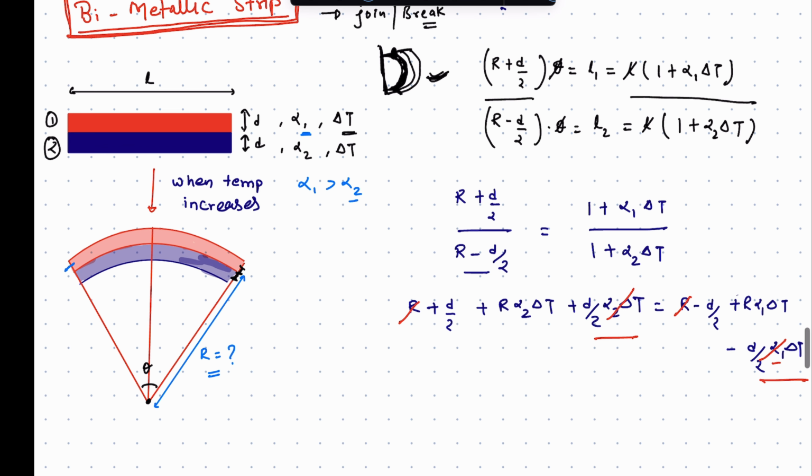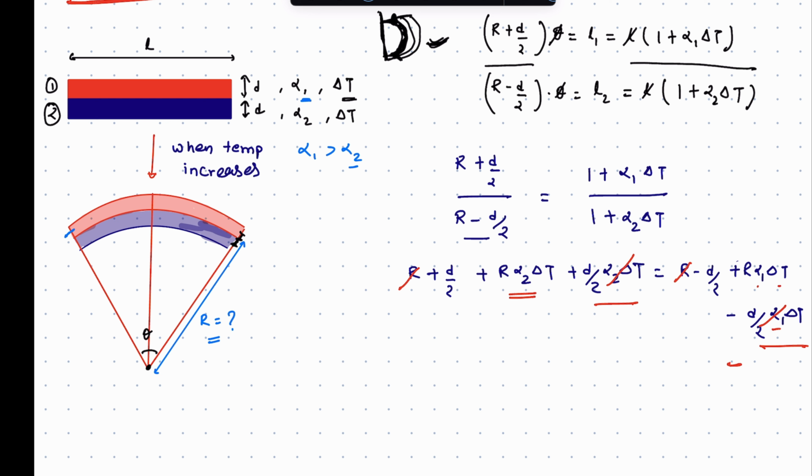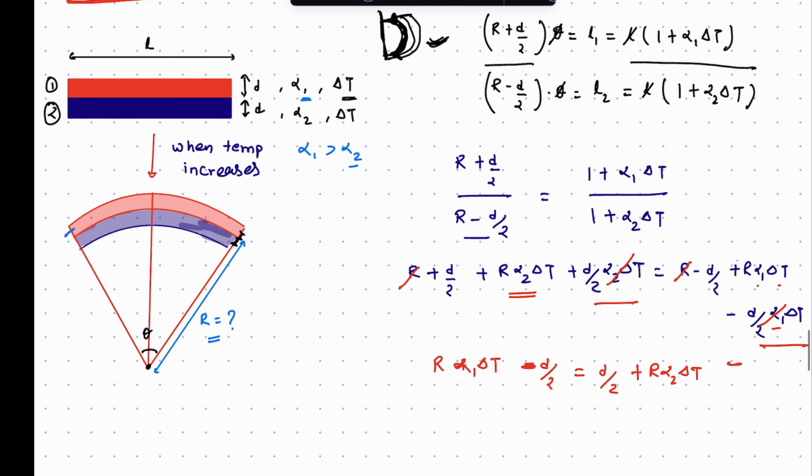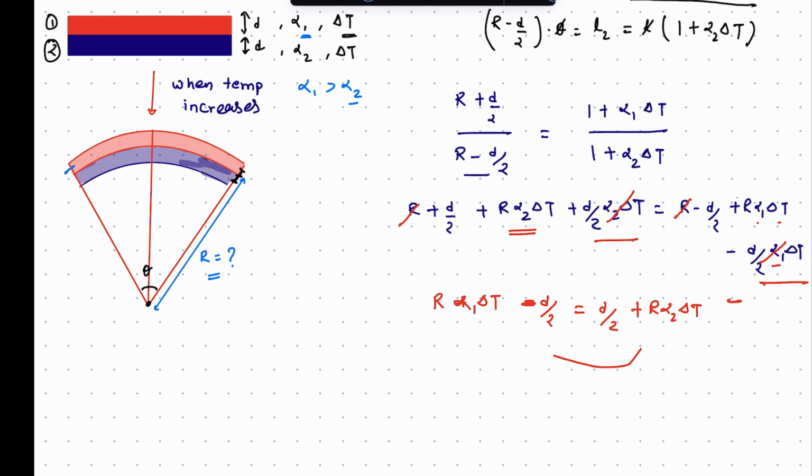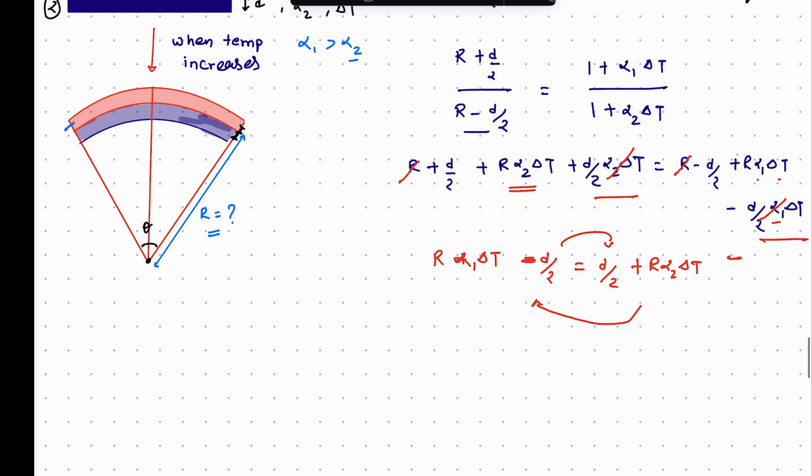Okay, and here we have R alpha 1 delta T, and on this side we have R alpha 2 delta T. So what I am doing is writing down this right hand side to the left hand side. So I have R plus R times alpha 1 delta T minus D by 2 is equal to D by 2 plus R times alpha 2 delta T. And then if you bring this term to this side and send this term to that side, I can write R delta T as a common factor.